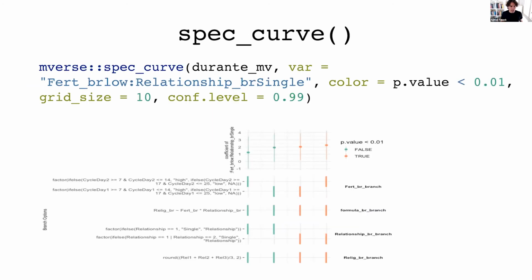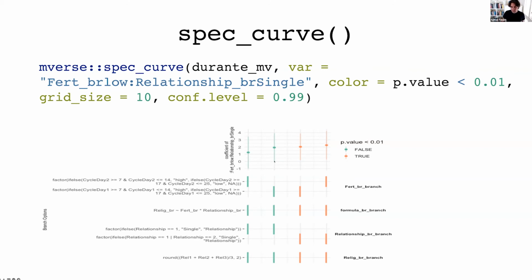And then finally, here's a specification curve where it shows you the different data processing choices that have gone into this, and the coefficient here on top of the fertility and relationship interaction.